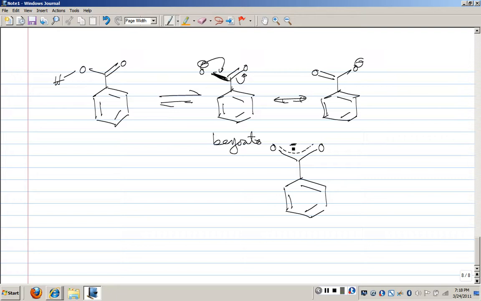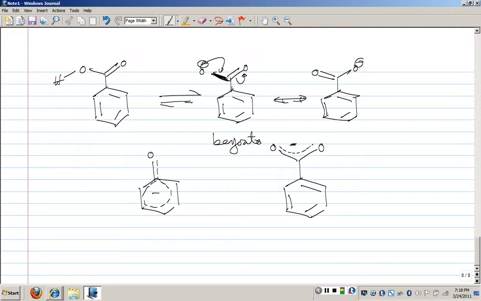So the question is, how effectively stabilized is the benzoate ion compared to the phenoxide? Because in the phenoxide, I had 4 atoms shouldering the 1 minus charge. Here I only have 2. And we said that in general, the more resonance forms I can draw, the more delocalized is the charge. And sure enough, the charge is somewhat more delocalized.